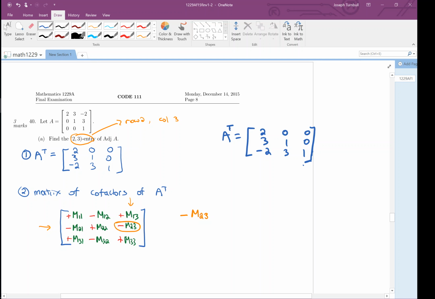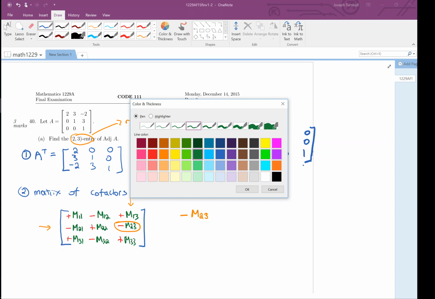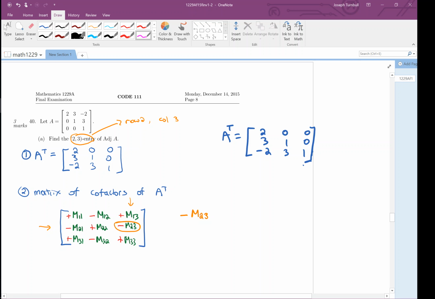There. Now I want to make, let's say transpose, not A. Now I want to get the 2, 3 minor. So I'm going to cross out row 2, column 3, and then take the determinant of what's left. Determinant of 2, 0, negative 2, 3. And then that's down products minus up products. So 2 times 3 minus negative 2 times 0.